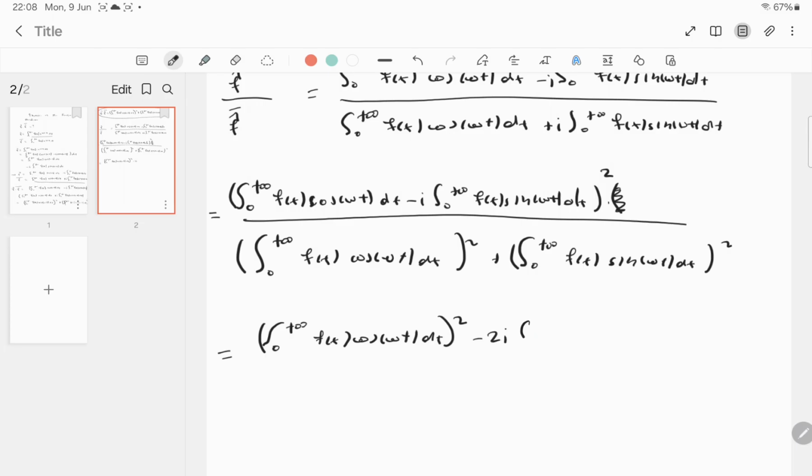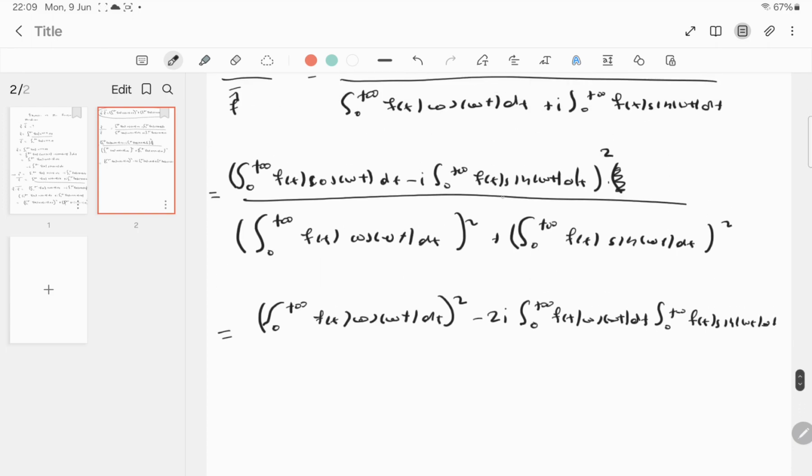Minus 2i times the integral from 0 to infinity of f of t cos omega t dt times the integral of f of t sine omega t dt, plus this part squared.